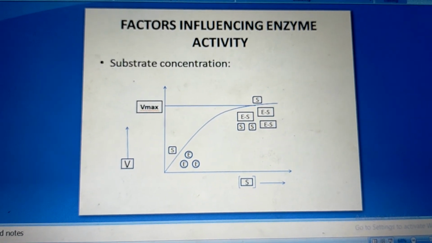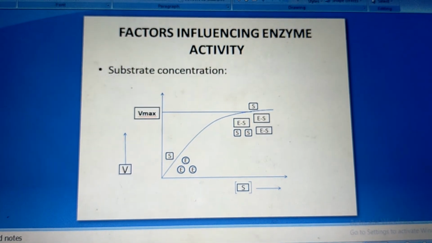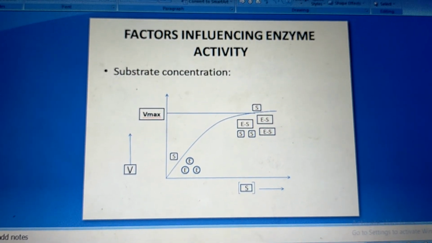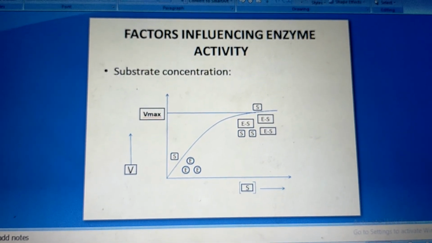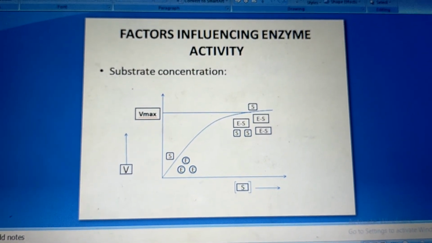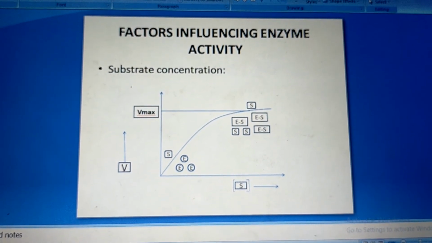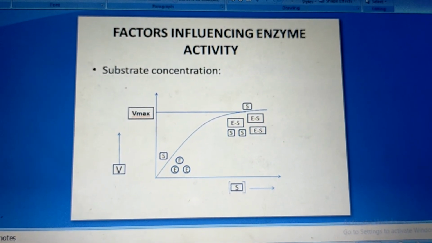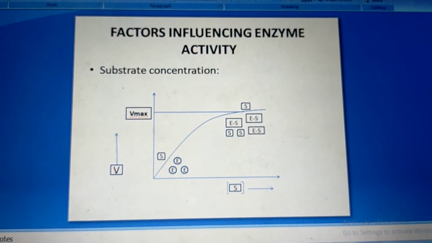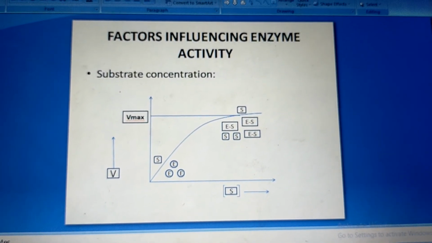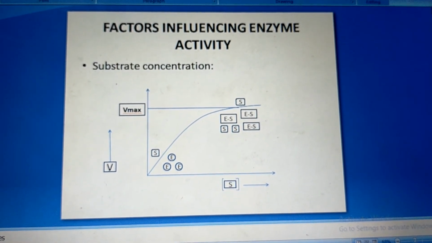Why does velocity of the reaction not increase beyond a certain point? If you carefully see the graph, initially when the substrate concentration is low, and if we go on increasing the substrate concentration, then more and more enzymes combine with the substrate and catalysis occurs, that is, velocity of the reaction increases.